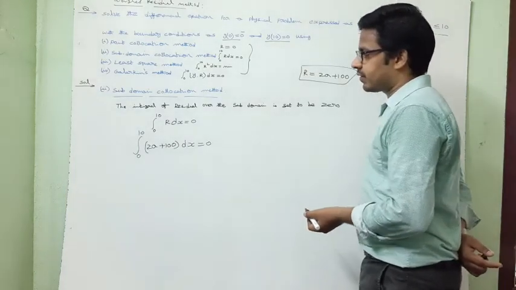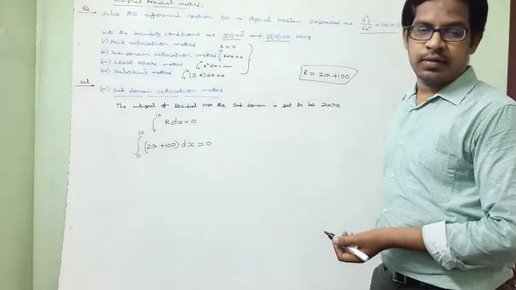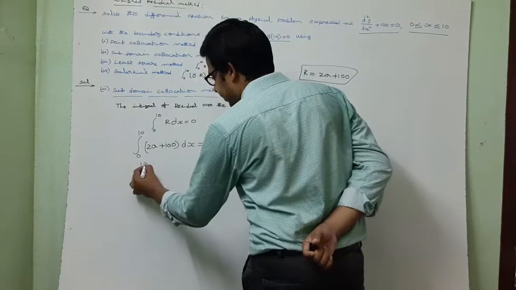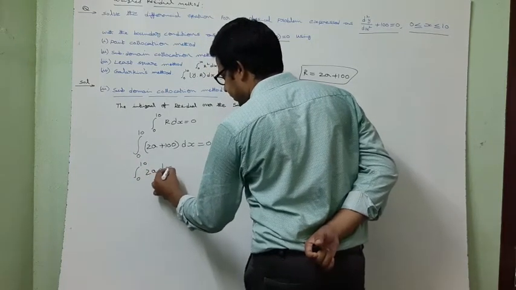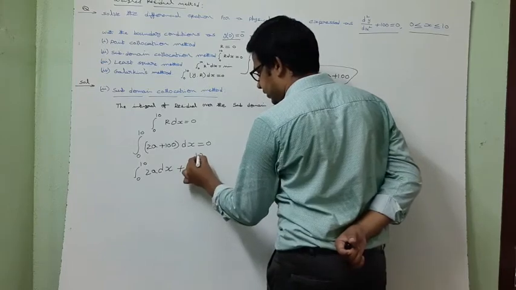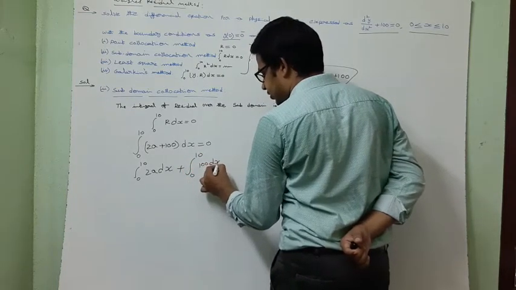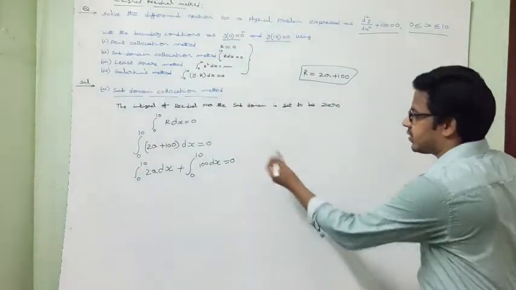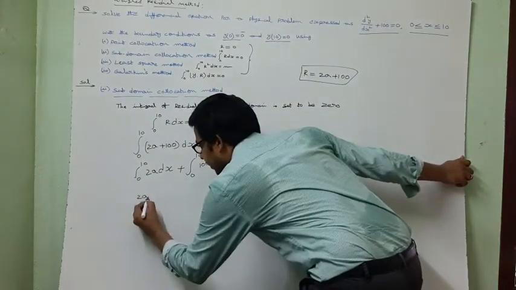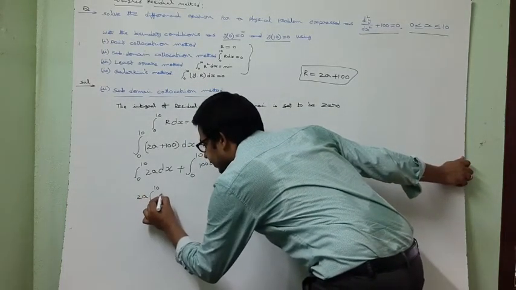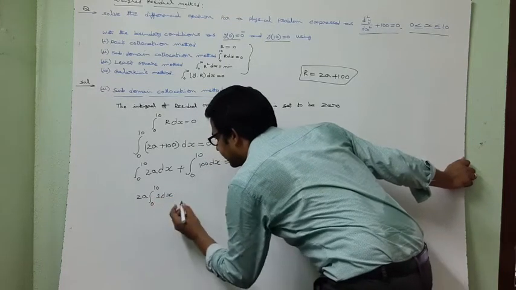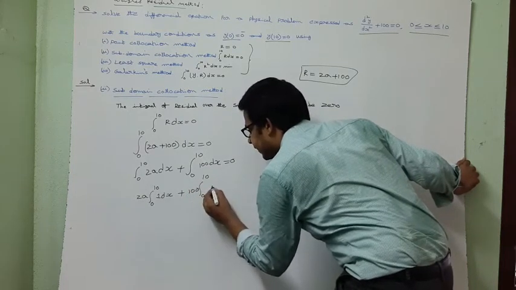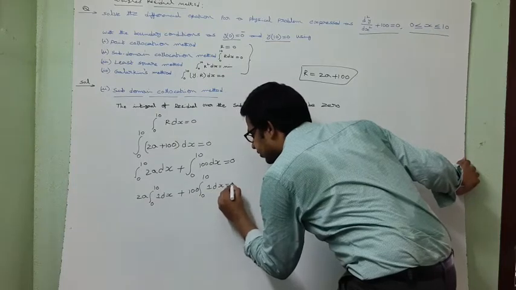So integral 0 to 10 of 2a dx plus integral 0 to 10 of 100 dx. Here 100 is the constant term, and 2a is constant, so 2a integral 0 to 10 of 1 dx plus 100 integral 0 to 10 of 1 dx is equal to 0.